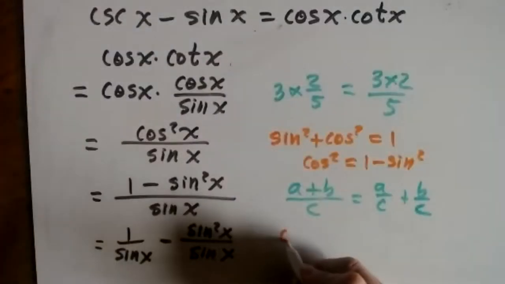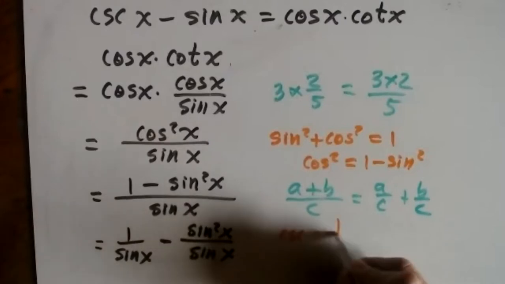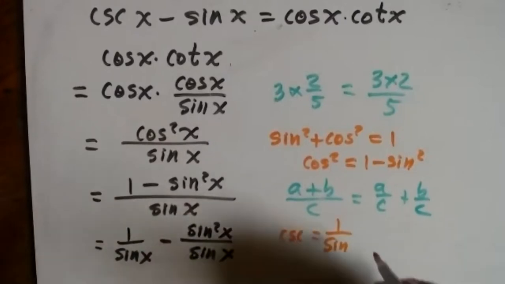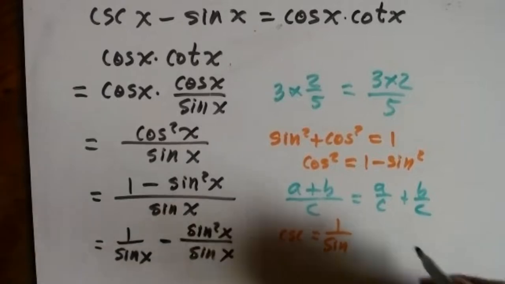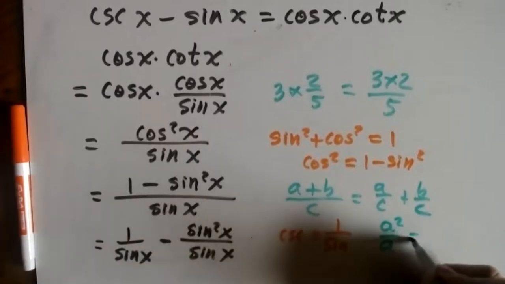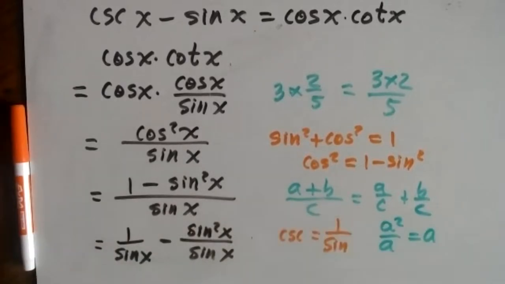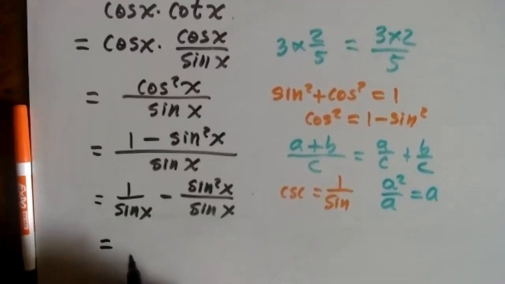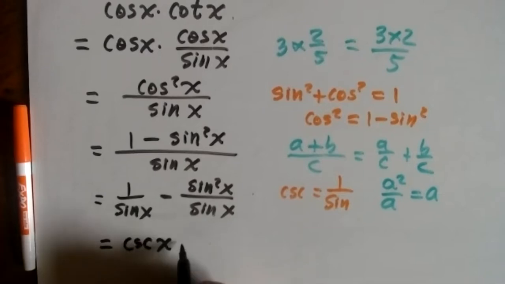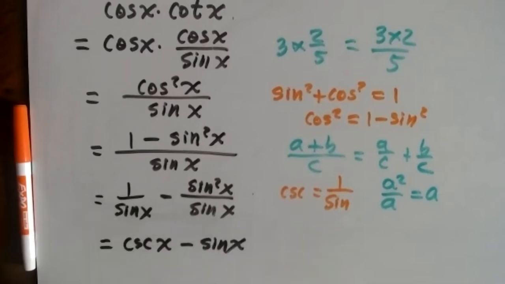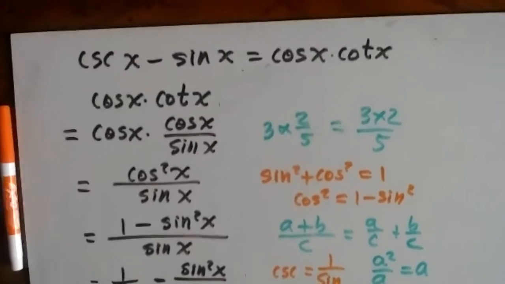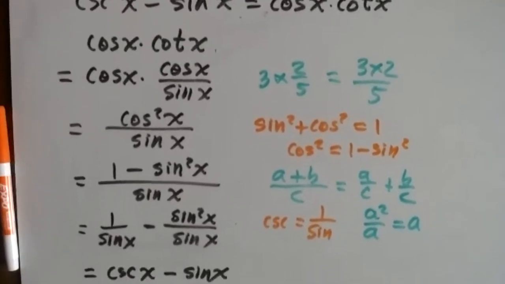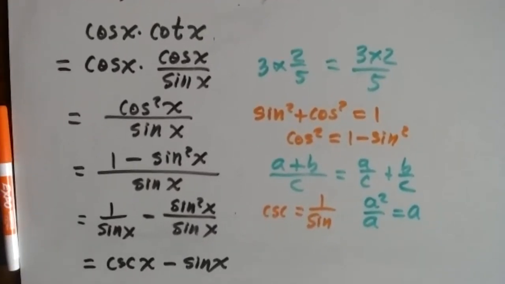So I use cosecant equals 1 over sine, and I use that a squared over a is a. Then I have what I need. This is cosecant x minus sine x. So it's exactly what you have here at the top, cosecant x minus sine x. Okay?